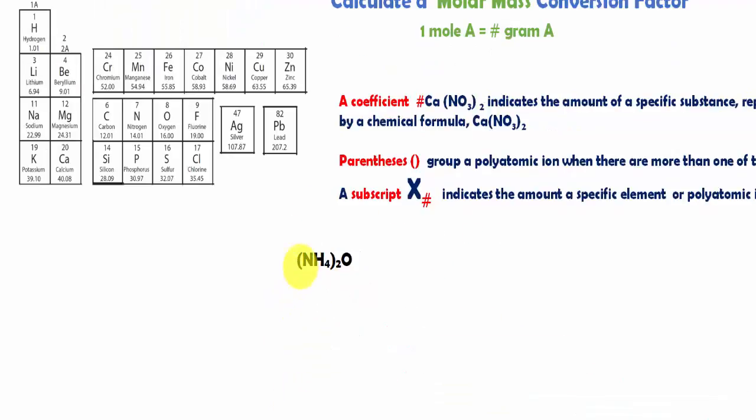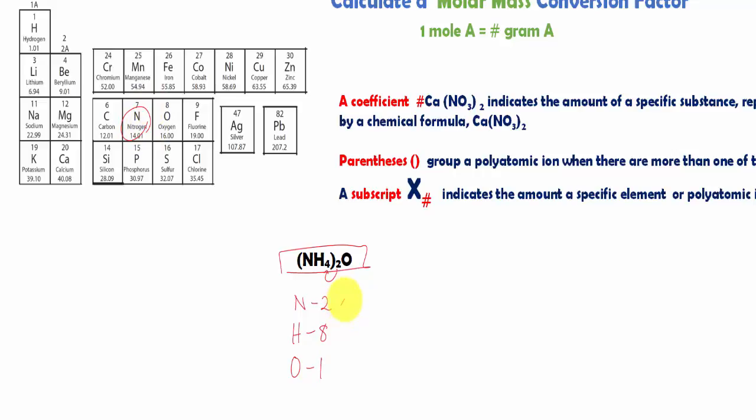Let's try another problem. In this case, we have this chemical formula, (NH4)2O. So nitrogen, since there are 2 of one N, gives us a total of 2 for nitrogen. For hydrogen, there are 2 of 4 H, so that gives us a total of 8. And for oxygen, it's just 1 because it doesn't have any subscript. We find the total mass for all the elements.